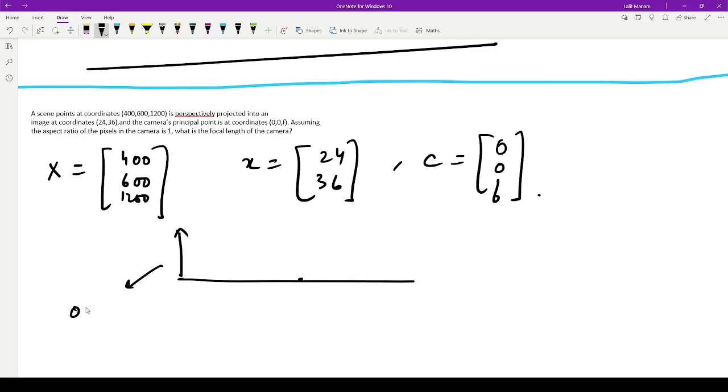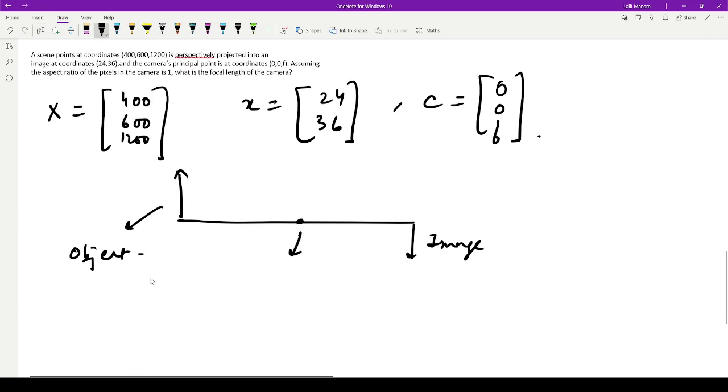This is an object, and this is somewhere the image plane where the image is being formed. So all rays will pass through just this point, mathematically speaking. There is nothing more complicated to it.